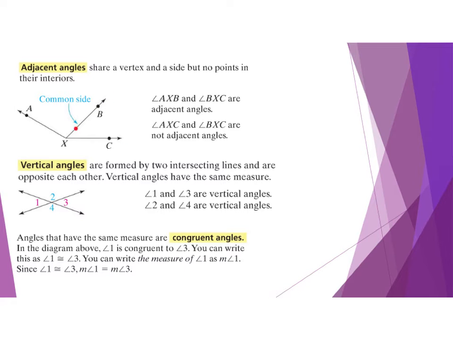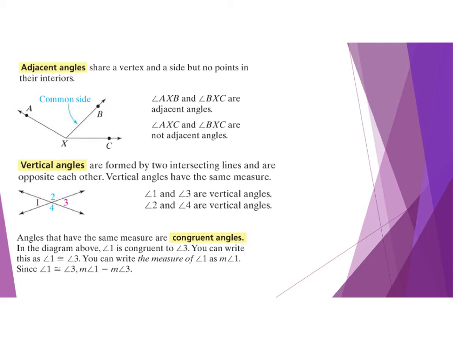They share a side, but no points on the inside. So these are what we call adjacent. Now notice it tells me that AXC and BXC are not adjacent, because BXC is actually inside of AXC. So that's why this right here is not true.